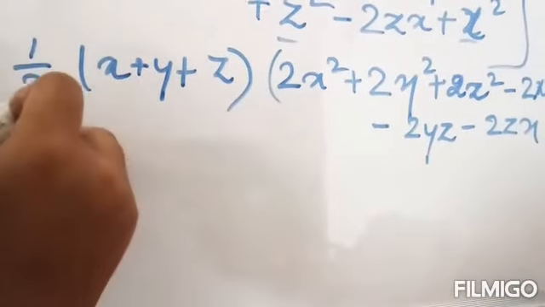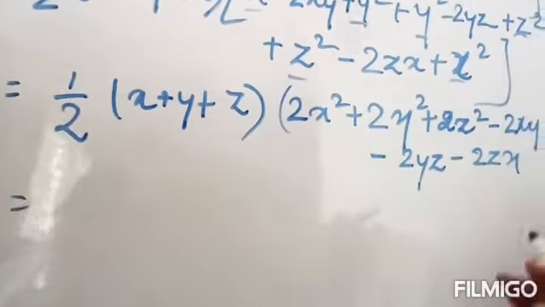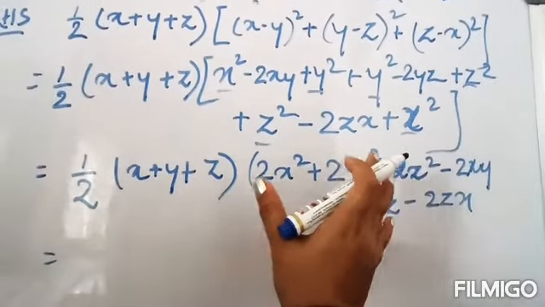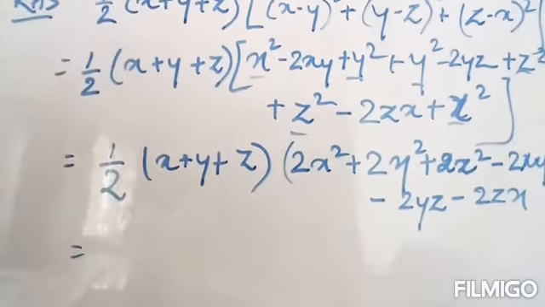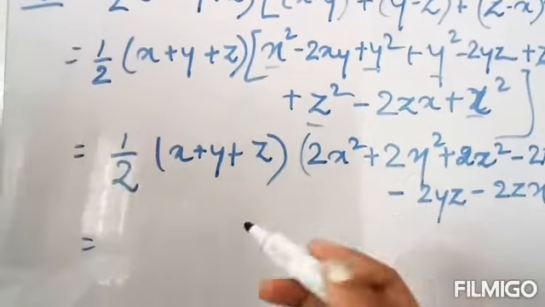If we take 2 common, here we have another 2. So if we take 2 common out of this expression, and here also we have 2 in the denominator portion, so we can cancel those 2.